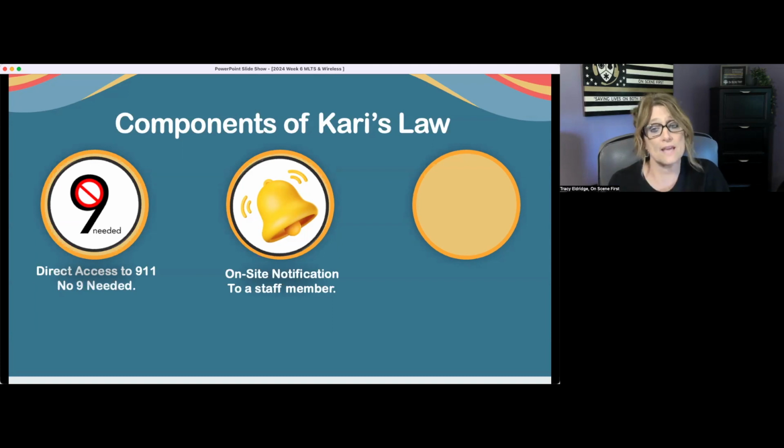And in Kari's case, as mentioned, Brianna had tried to call 911 4 times. If this particular notification was in place, then the person at the front desk may have been notified that somebody was trying to call 911.